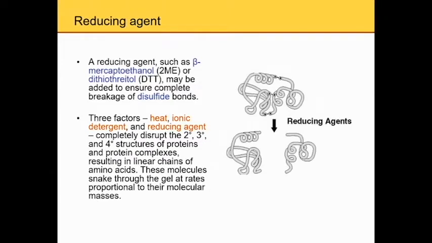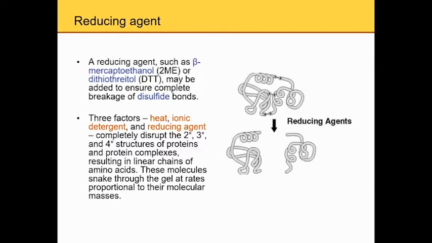Okay, so let's continue. So remember, I mentioned that SDS, the ionic detergent, is very important. The reason we use SDS is we try to coat the peptide protein evenly with the negative charge. And before we do that, we must denature the protein.